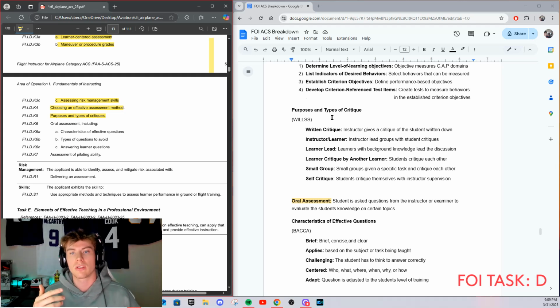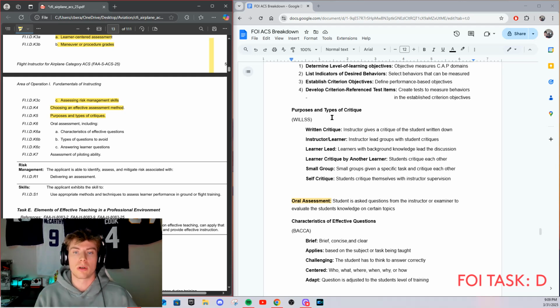Instructor and learner. So the instructor led groups with student critique. So you put everyone into a group and then the students critique. Learner led. So learners with some sort of background can critique each other or have a discussion about a certain thing. Learner critique by another learner, so the students will critique each other.